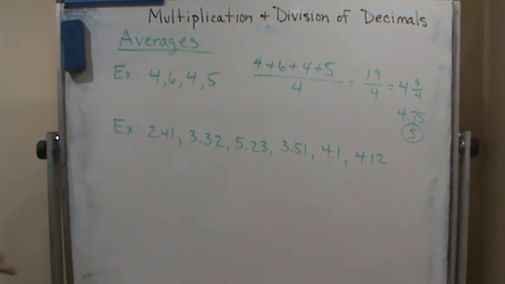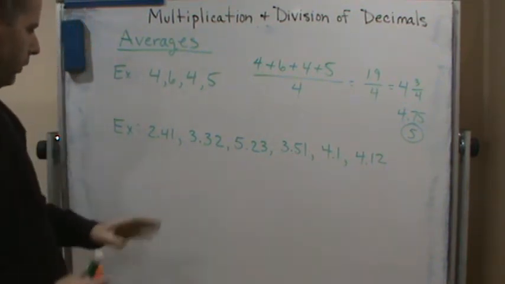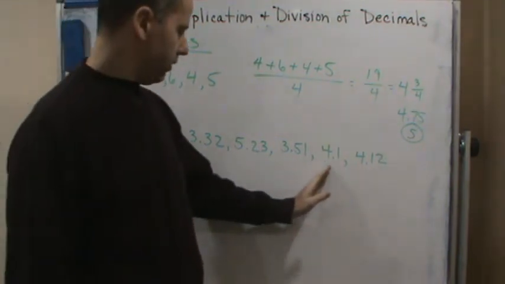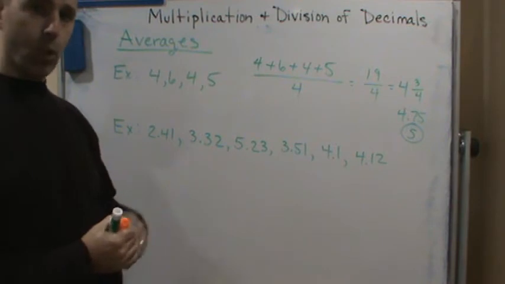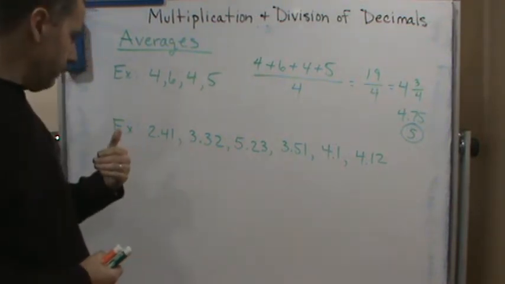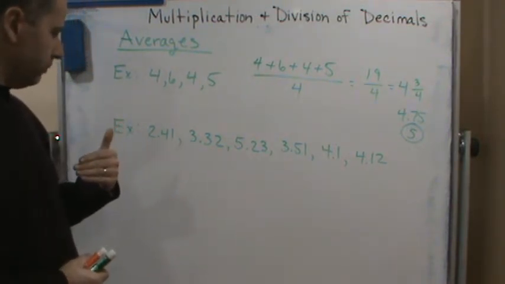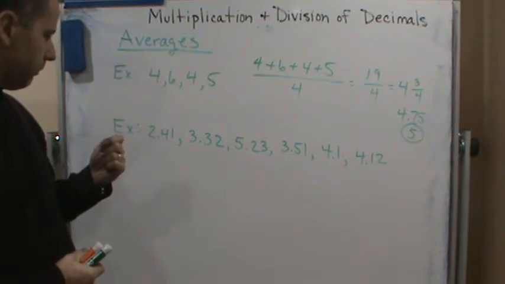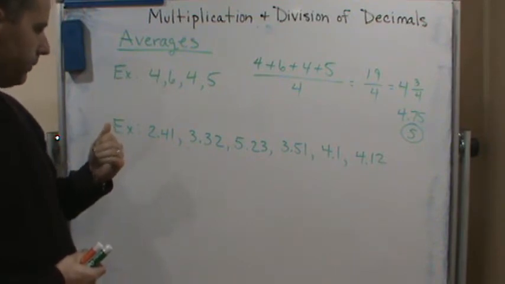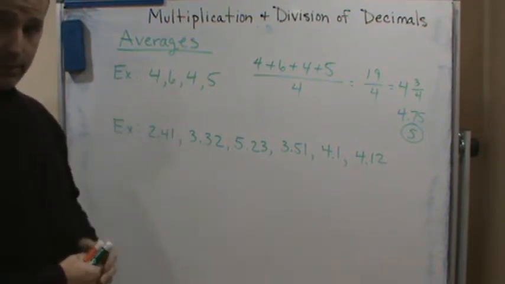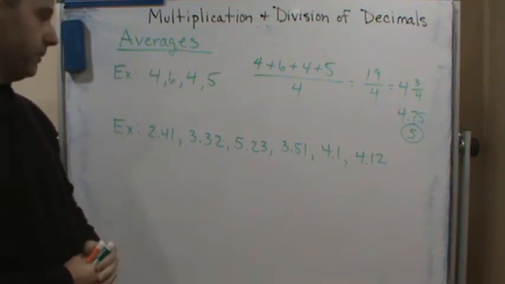Okay, now for this one here, what we look at is look at all of these numbers and we look for the one that's the least precise, which means the one that has the least number of decimal places.